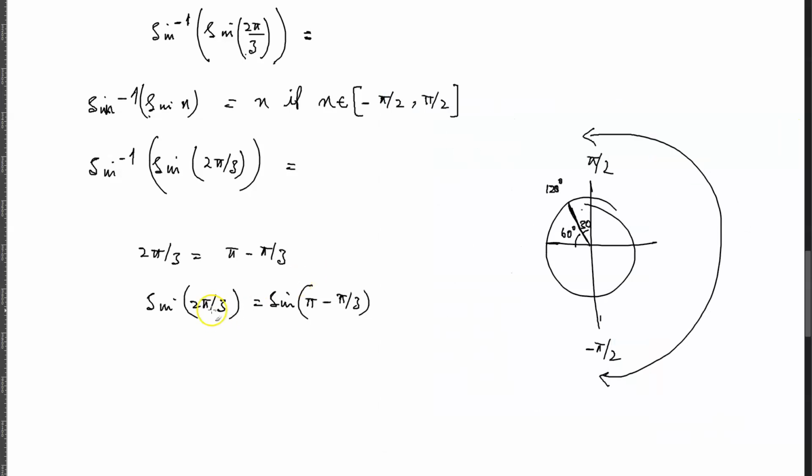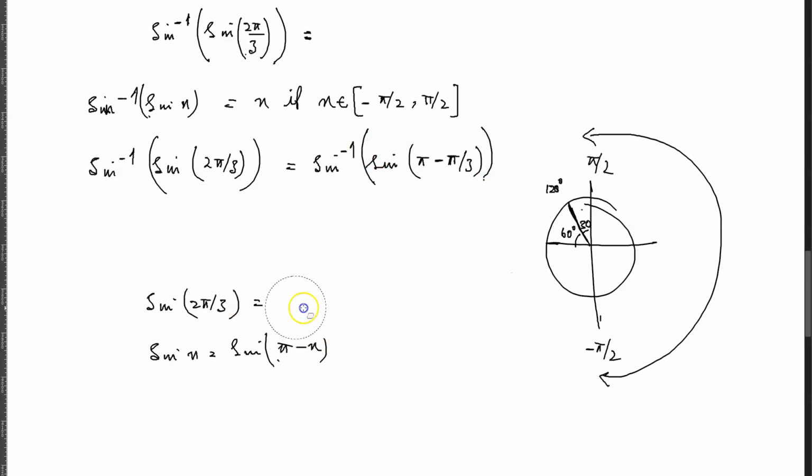So that means that the sine of x is equal to the sine of pi minus x, and therefore instead of writing sine of 2 pi by 3, I can write sine of pi minus pi by 3. So I can write this as the sine inverse of sine of pi minus pi by 3, and that way I can write my angle, right?